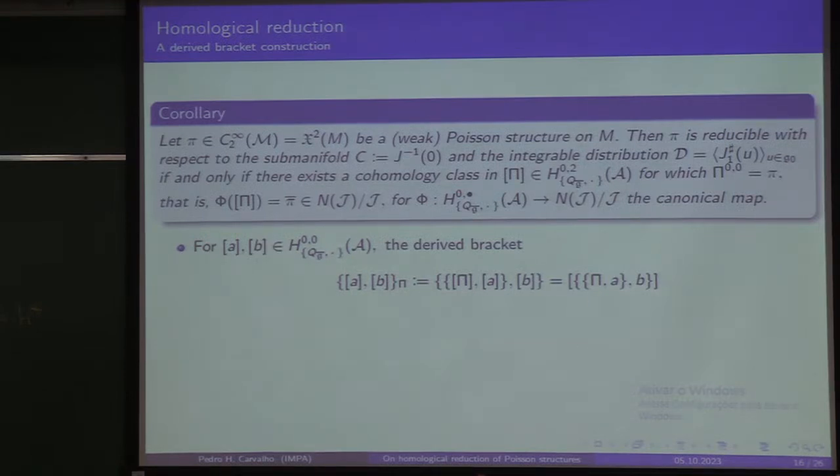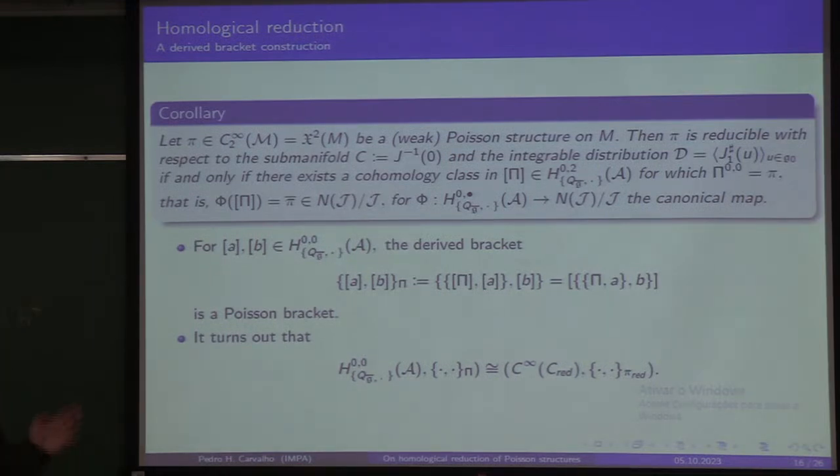This derived bracket is a Poisson bracket. And actually, this Poisson algebra is isomorphic to this algebra. So this homology with a dot here, through this derived bracket construction, also knows about the reduced Poisson algebra. So it knows about the reduced multivector fields, but it also knows about the reduced Poisson algebra.